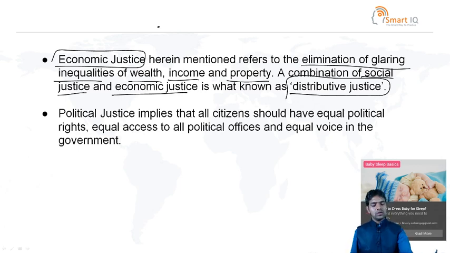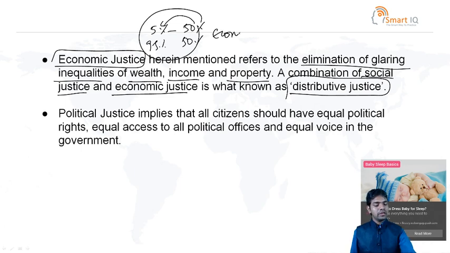Recently, you know, 50% of the wealth is with 5% of the people and the remaining 50% of the wealth is with the other 95%. So this is economic inequality. That's the reason the Indian preamble talks about distributive justice in a fair manner, which is called economic justice.